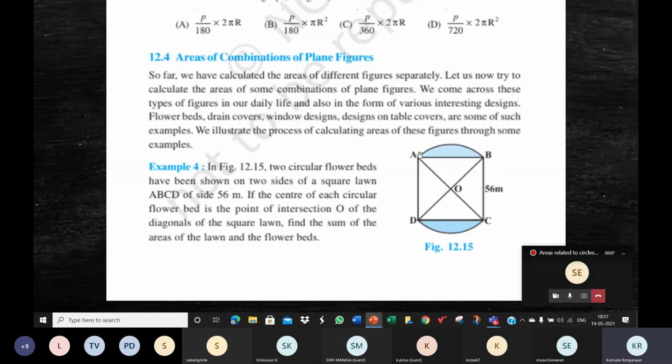So this arc is a part of that circle. From the center, A and B are the two points on that arc. Clearly OA and OB are the radii of that circle.